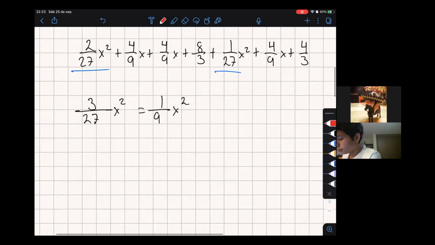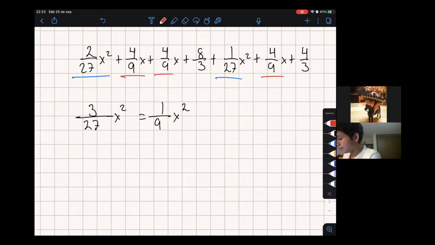We continue with the next ones, and these are equal to 12 over 9x, that is equal to 4 over 3x.